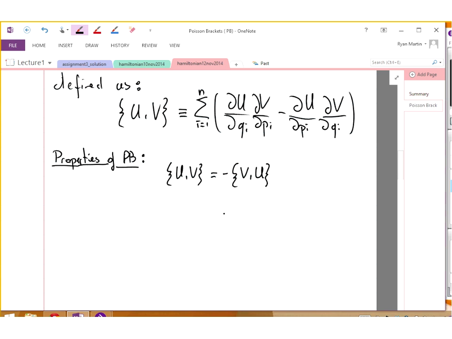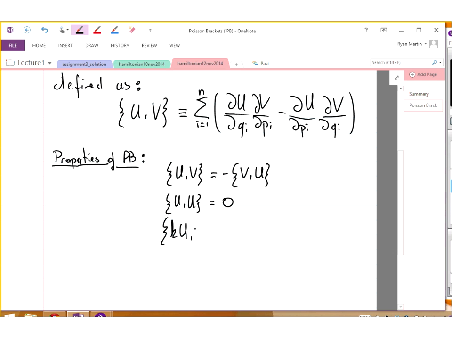Now, the Poisson bracket of a function with itself is equal to 0. And that makes sense, of course, because if you look at the definition and you put u's everywhere, since the partial derivatives commute, then you get 0 identically.